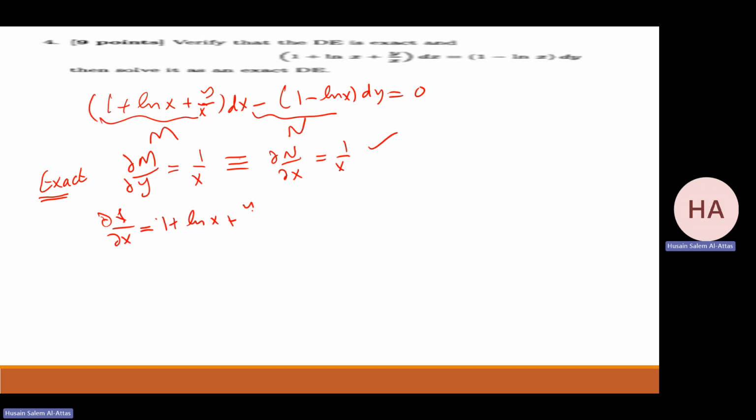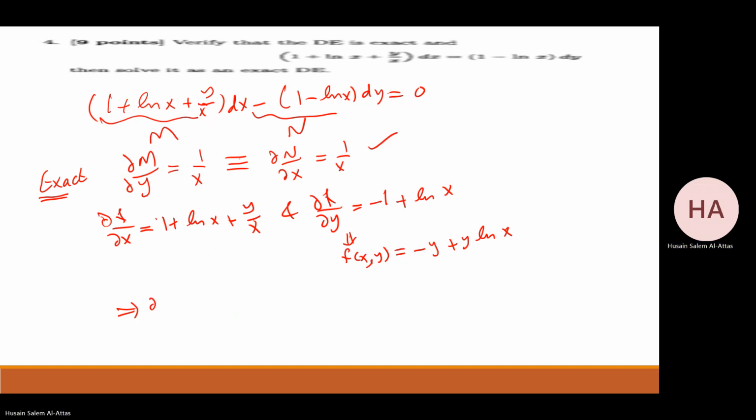I need to be careful with the calculations. And partial f with partial y is 1 minus 1 plus ln x. I'll start with this one. So f of x and y will be minus y plus y ln x, plus function of x.